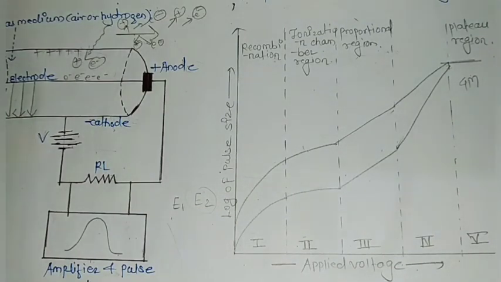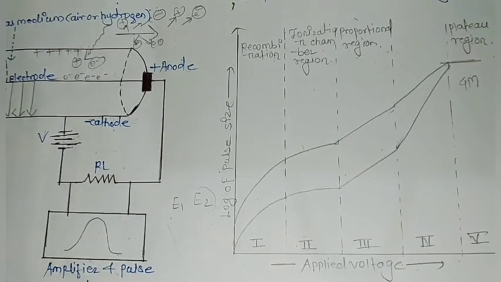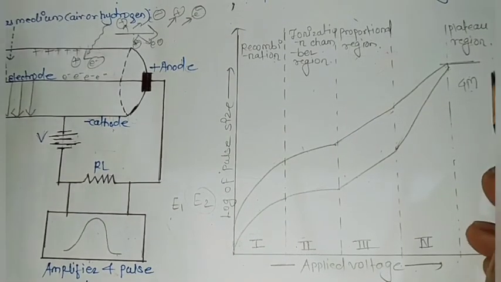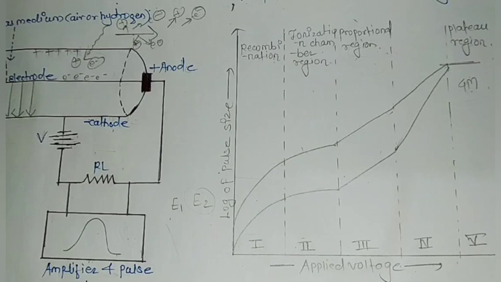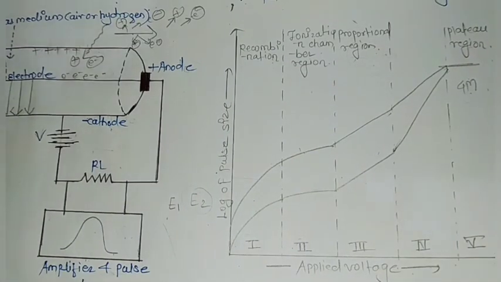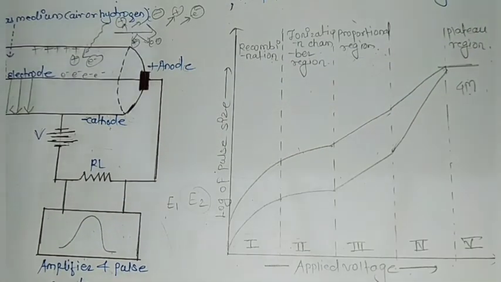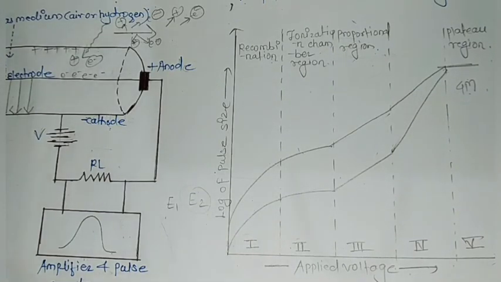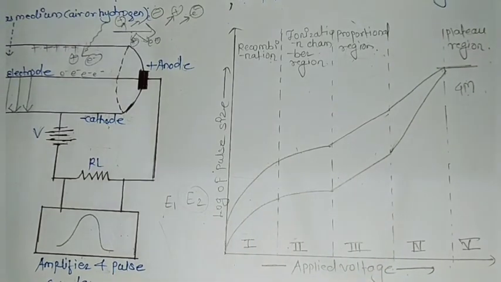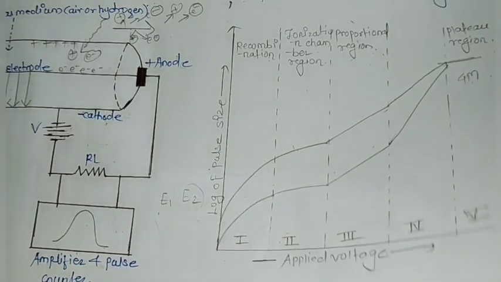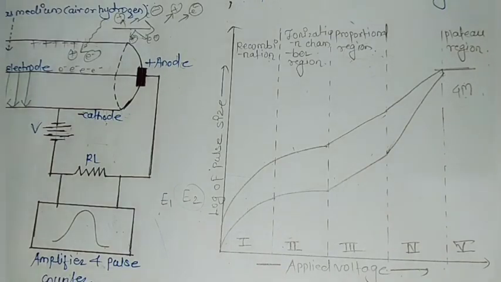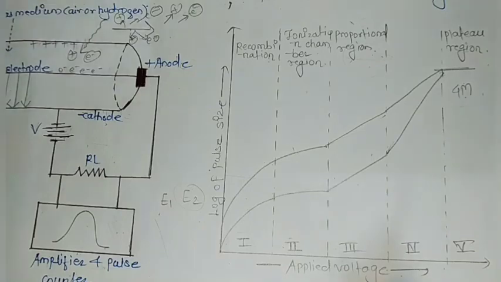This is the region used for detecting less energetic particles. And lastly we have the GM counter region, in which even a tiny particle having less energy can create an avalanche effect in the entire chamber. So that's all about gas filled detectors. I hope you have learned to distinguish between different kinds of nuclear detectors based on this graph.